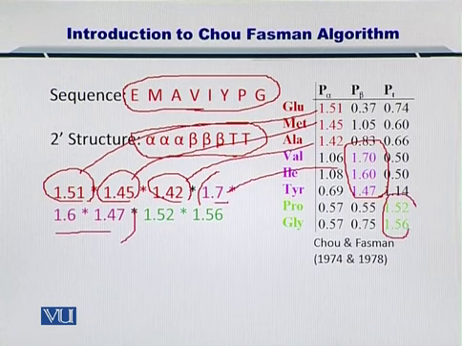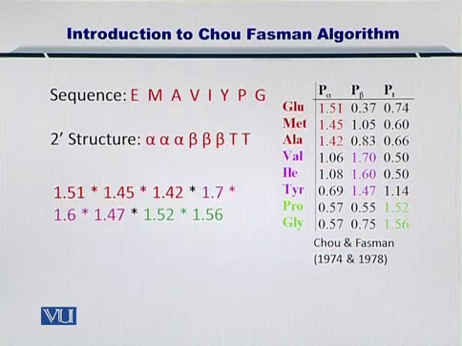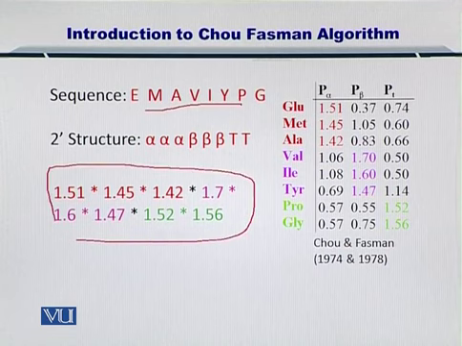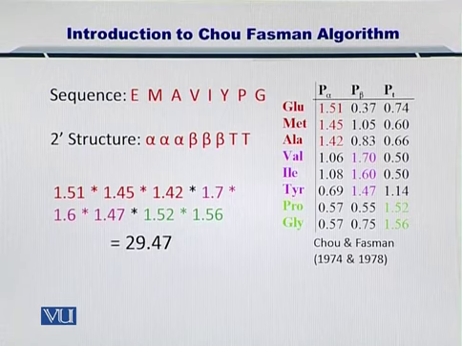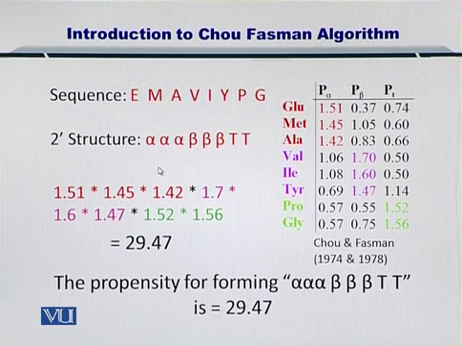For the turns, these values are put here. By simply taking a product of the propensity of each one of these amino acids like this, you can arrive at the overall propensity for the secondary structure. So the propensity for formation of a secondary structure containing alpha helix, beta sheet, and a turn in this configuration is 29.47. This is how you can compute the propensity of different secondary structures.